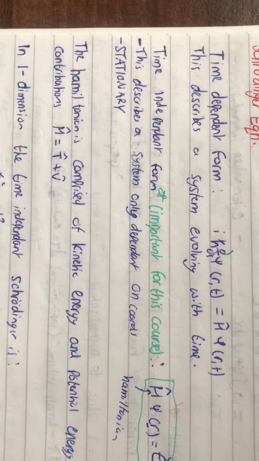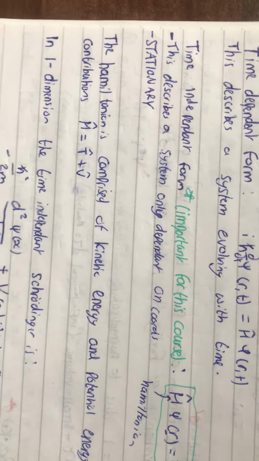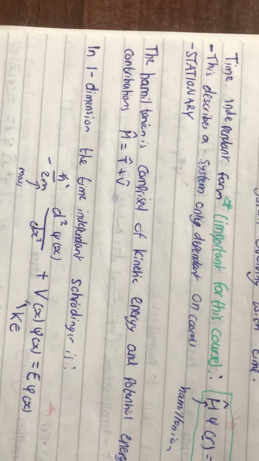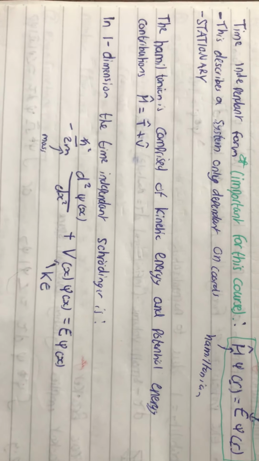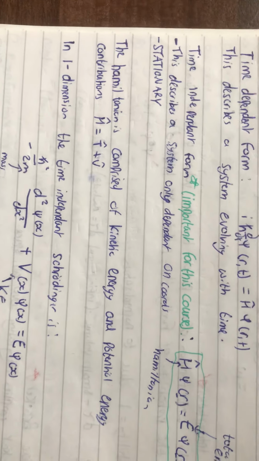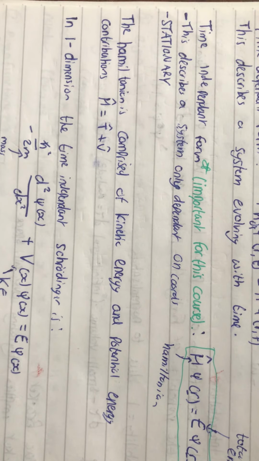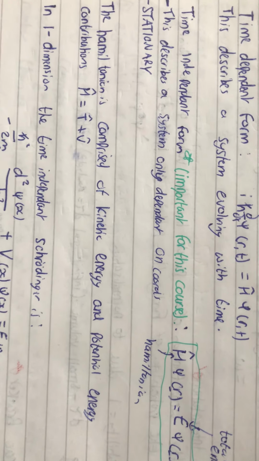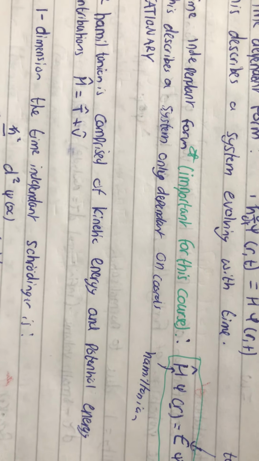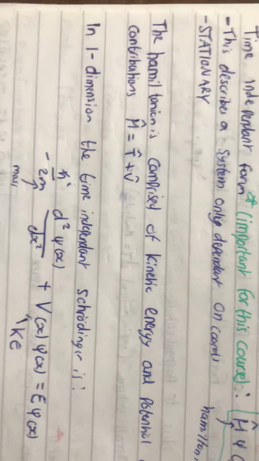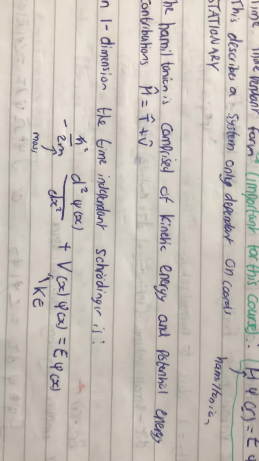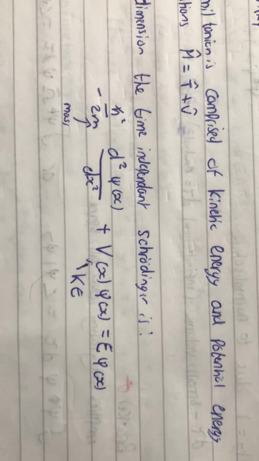And it says here this describes a system only dependent on the coordinates, which means it's stationary. The Hamiltonian is comprised of the kinetic energy and potential energy contributions. So the Hamiltonian operator is equal to the kinetic energy and potential energy contributions. And in one dimension, the time-independent Schrodinger equation is what you can see there.